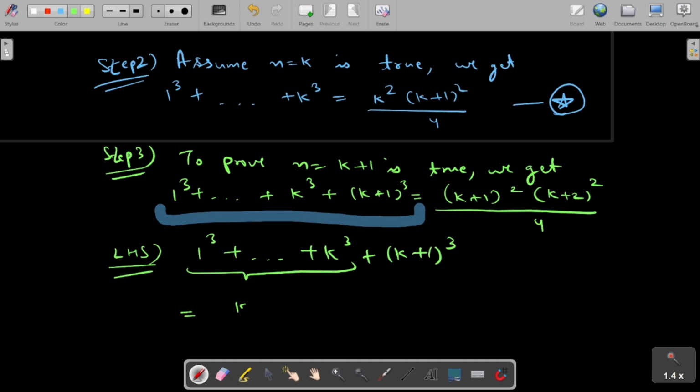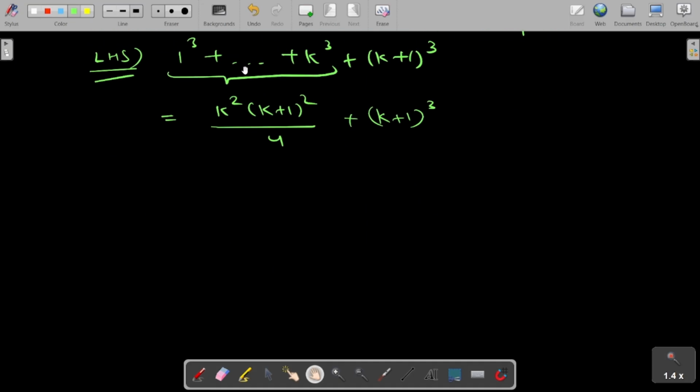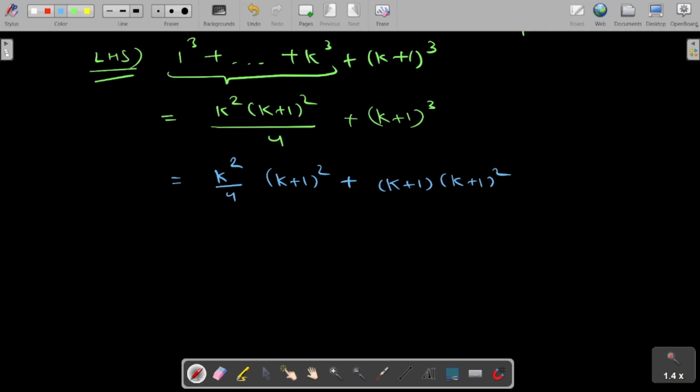So what you're going to get? k square, k plus 1 whole square over 4 plus k plus 1 whole cube. Now what it gives us? k square over 4, k plus 1 whole square plus k plus 1 and k plus 1 whole square. Now let's just pull out k plus 1 whole square. What you're going to get? k square over 4 and k plus 1.